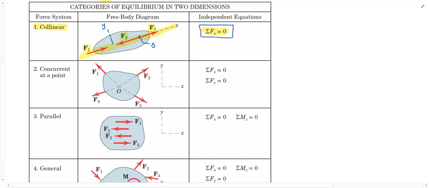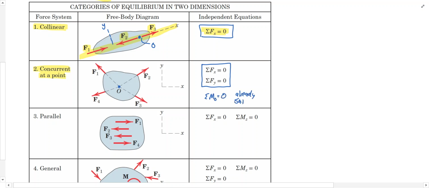The second category is that of forces which are concurrent at a point. So point O is shown here, and we have F1 and 2 and 3 and 4, and they all intersect. Well, for this one, what happens is your independent equations cover the force summation in the plane. So the sum of forces in x equals 0 and the sum of the forces in y equals 0. But because all four forces are concurrent at O, then the sum of the moments around O equals 0 is already satisfied.